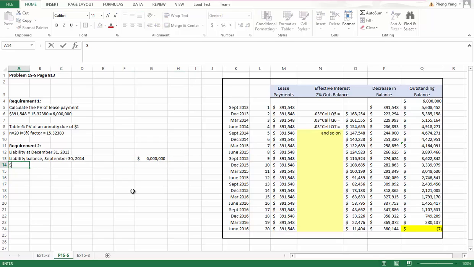Remember, as of September 30th, 2013, there's a reduction. That reduction comes from that first payment that we made here. We're going to take that and subtract it, and as of December, we also made another payment.